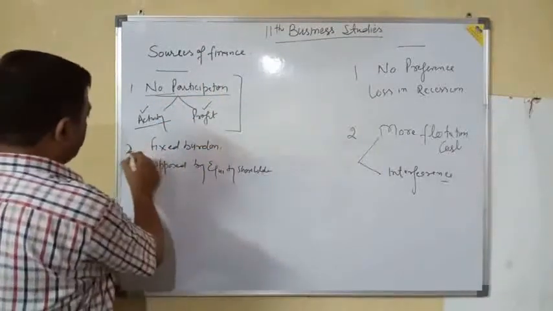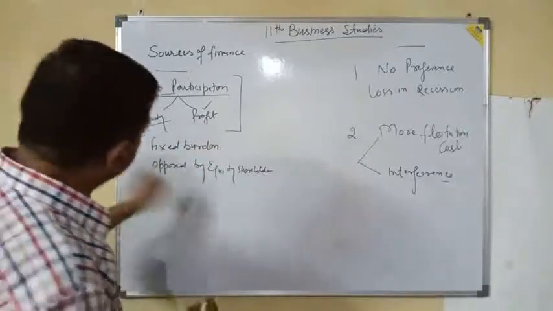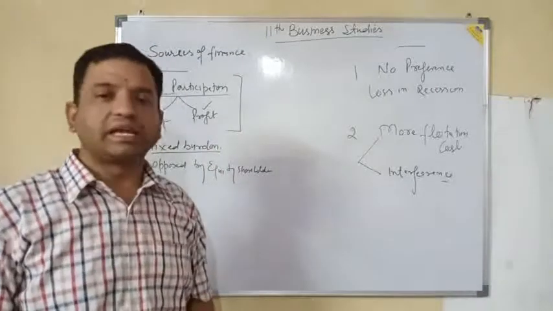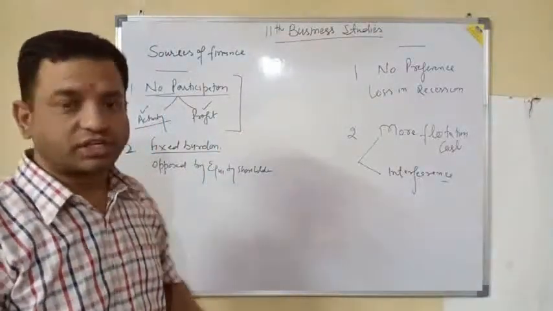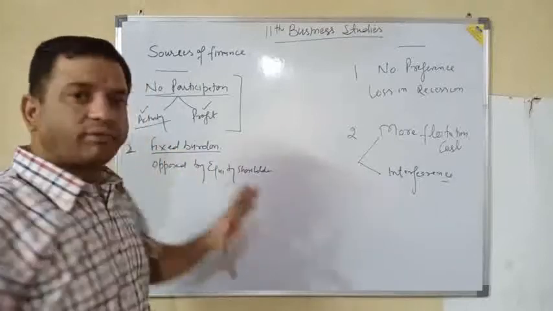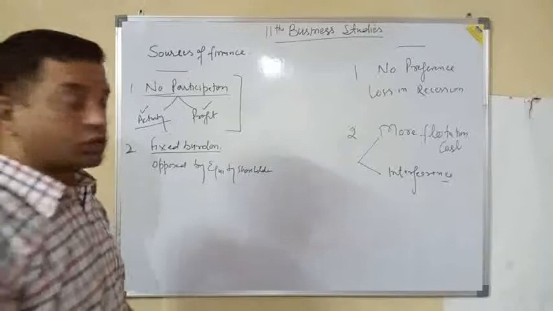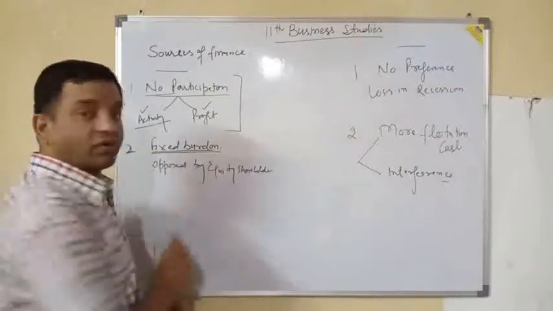Come to the disadvantage for the company. It has a fixed burden, because in certain cases, like we were talking about cumulative preference shares, the company has to pay a fixed amount of dividend to the shareholder, so that becomes a fixed burden for the company.